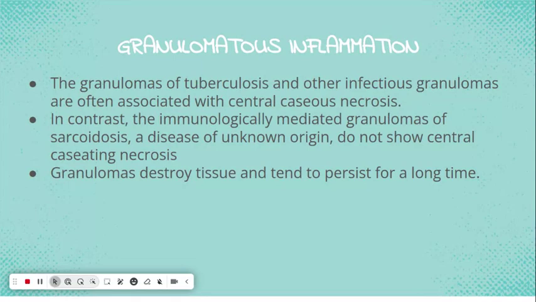So we're going to see that cheesy exudate encased in a walled-off area. In contrast, the immunologically mediated granulomas of sarcoidosis do not show that central caseous necrosis. These granulomas will destroy the tissue and tend to persist for a long time, and are super hard to treat.